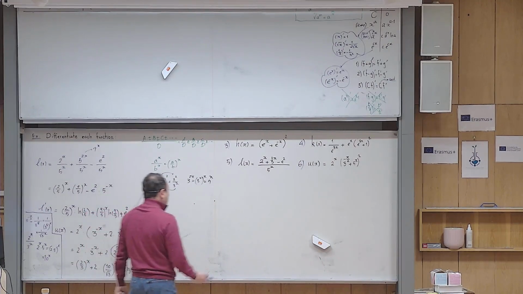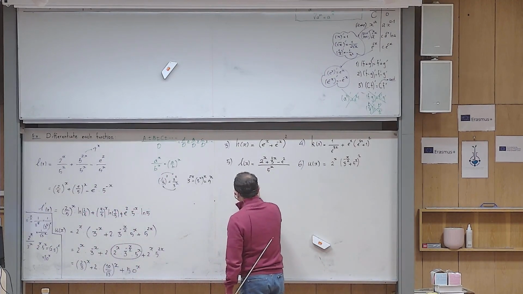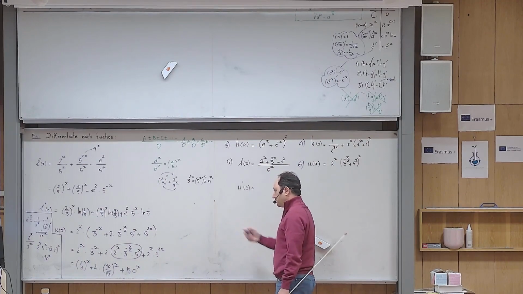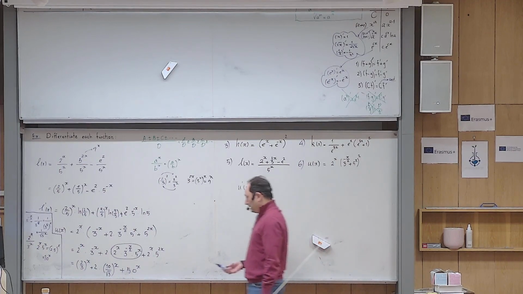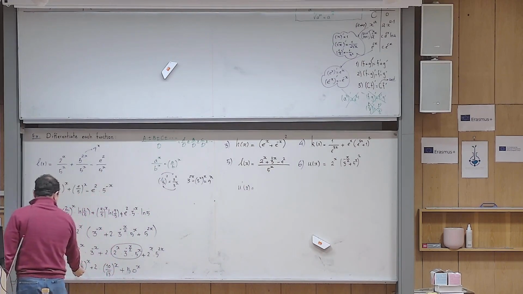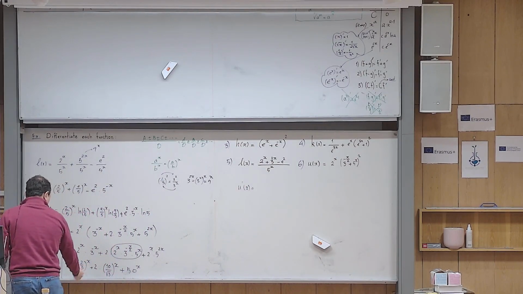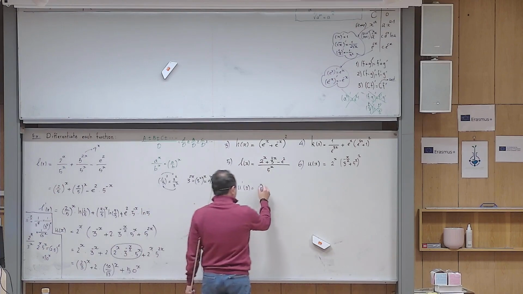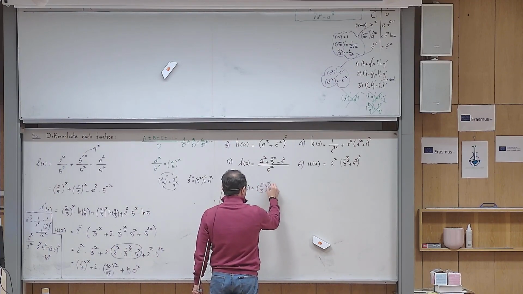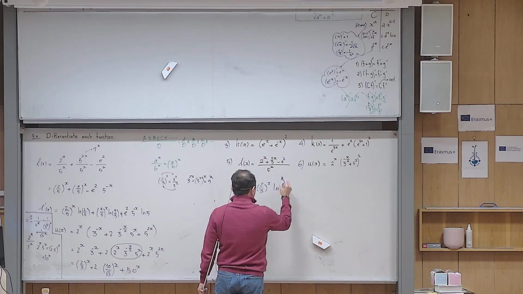So let me now finalize this. So u prime of x, and I wait for you if you don't understand. I will repeat it itself. So this is an exponential function. So the function repeats itself, but I have to multiply it by ln of the base. So it becomes 2/3 to the power of x, ln of the base.